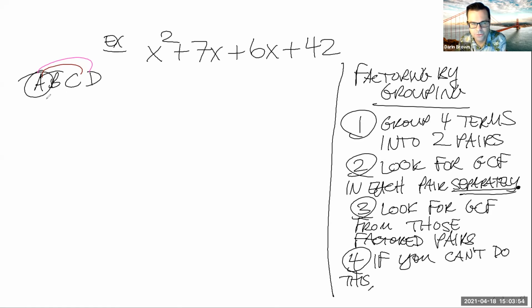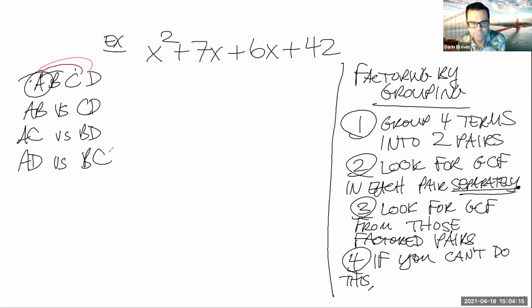As soon as you determine who A is playing with, so you could have A and B versus C and D. If A is playing with C, so if A and C are a team, then you have A and C are going to play against B and D, or you can have A and D playing against B and C. And that's really it, because now if you try any other possible combination, like let's say that you go to B, you say, well, what if B was playing with something?